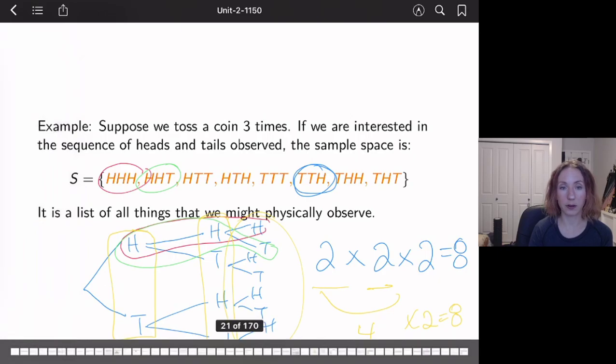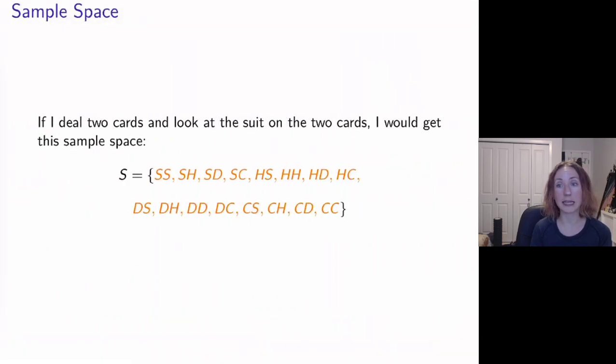Okay, another one we might see is looking at decks of cards. In a deck of cards, for those of you not familiar, they all have different suits on them. There are 4 different suits: hearts, spades, clubs, and diamonds. So if I was doing a chance experiment where I had a deck of cards and had to pick 2 cards and check what the suits were, something that could happen is I could get a spade and a diamond.